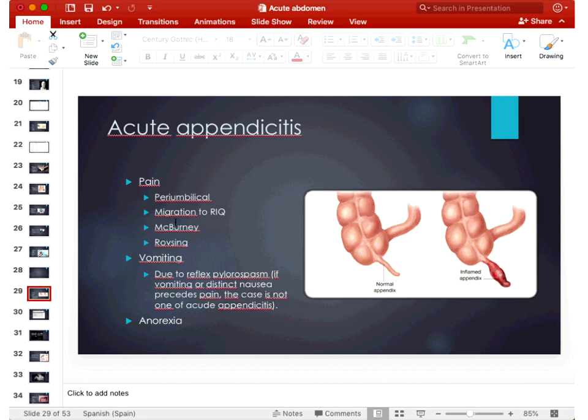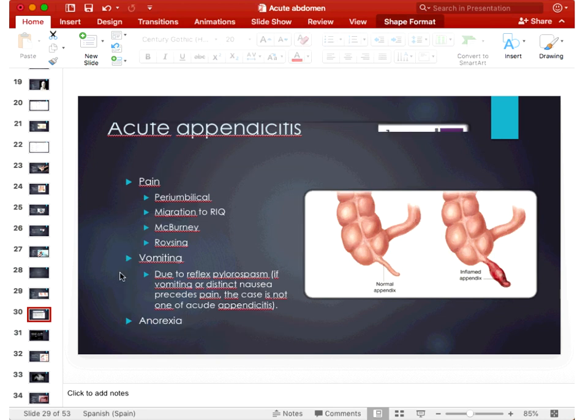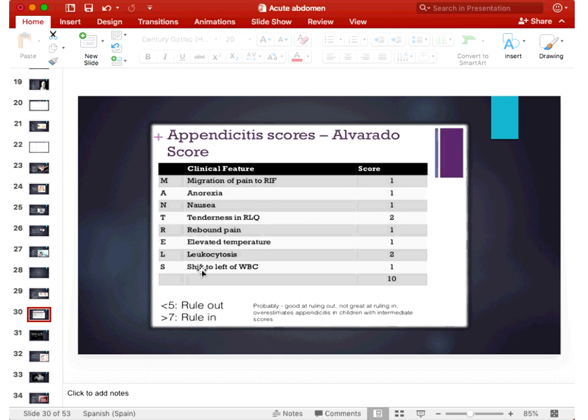You may name it McBurney, Rovsing, Blumberg, iliopsoas, obturator, almost anything. This is quite important among children. First they vomit and then they feel the pain. And they never are hungry. And then you do your Alvarado scale or score.